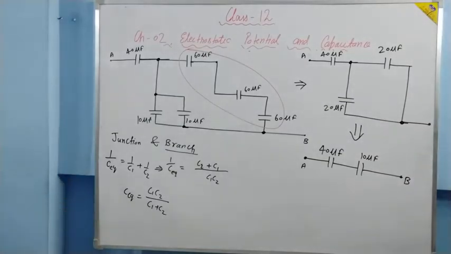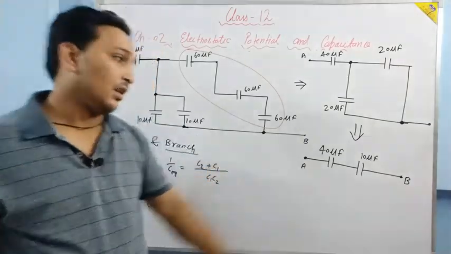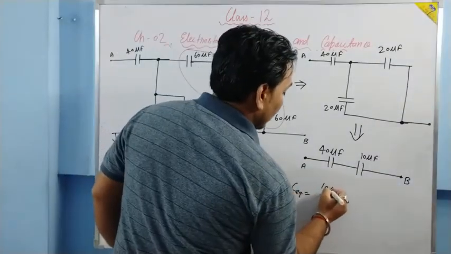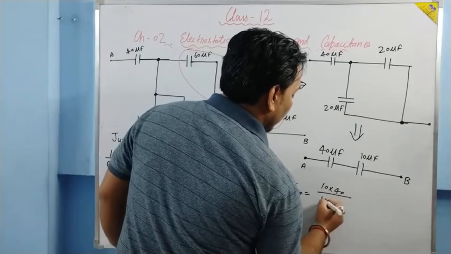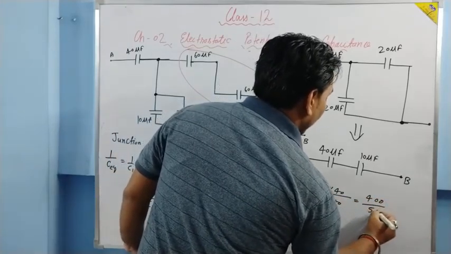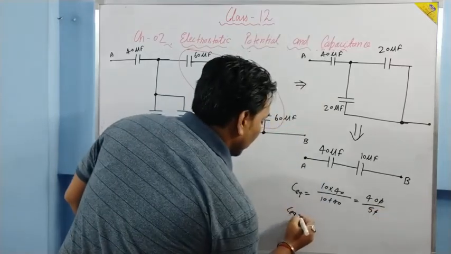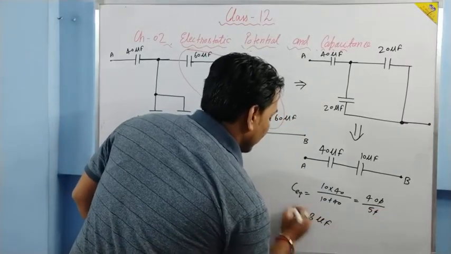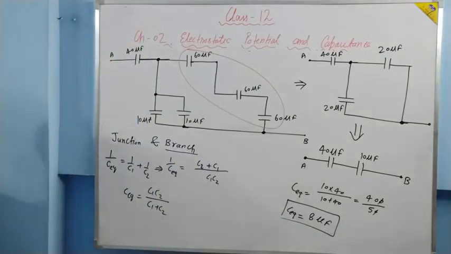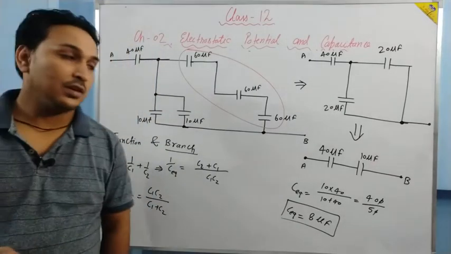Now 40 and 10 are in series, so C equivalent is 10 multiplied by 40 upon 10 plus 40. It will be 400 upon 50, or 8 microfarad. Is it clear? So this is the answer of the given question. It is very simple.